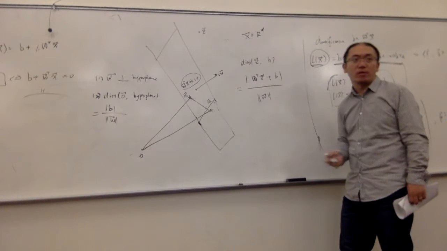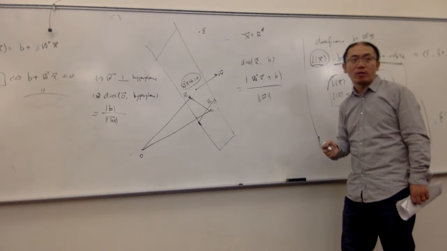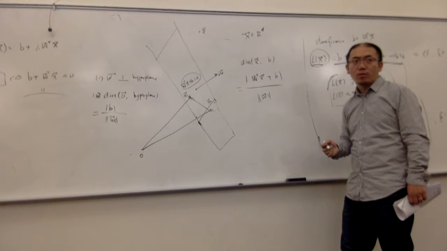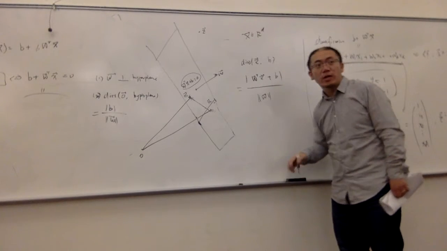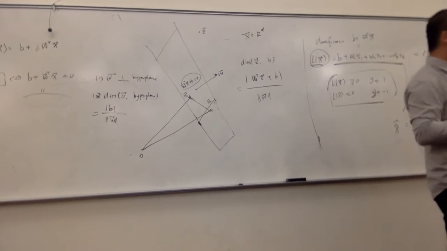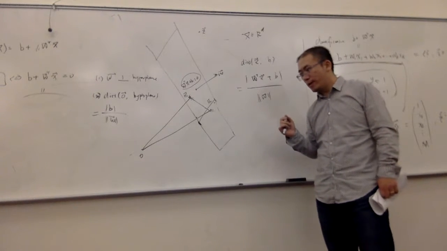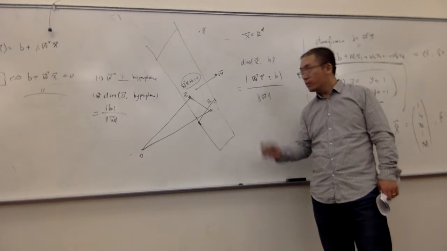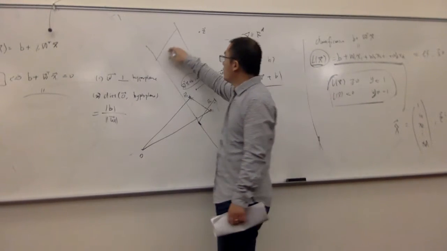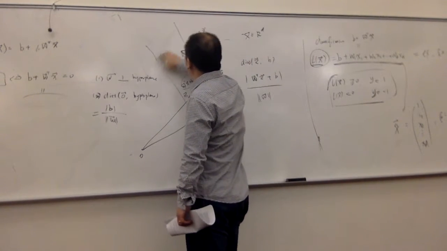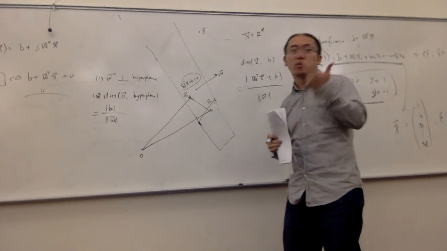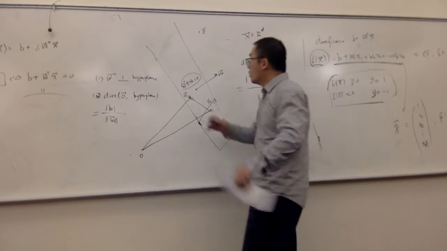But how can we come out with this formula? We can use some vector operations and stereometry knowledge. Now let us imagine I just want to compute the distance. What should I do?